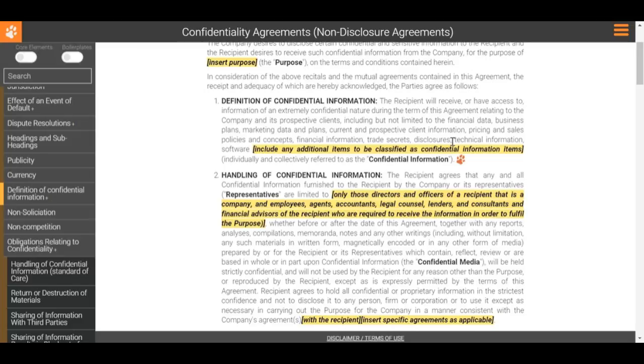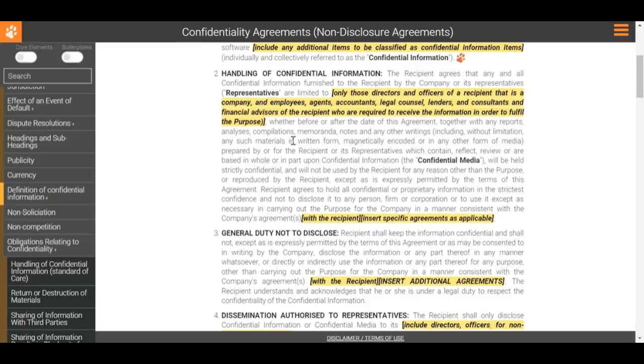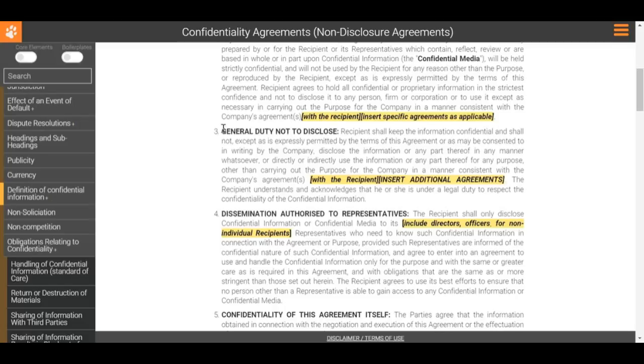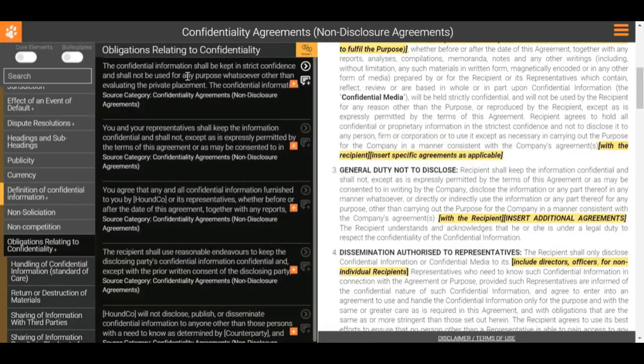The general duty not to disclose confidential information should be explicitly stated within the agreement. Normally it'll be found in the obligation section of the agreement. It may also be buried in certain other places. For example, in the obligations relating to confidentiality, language may read, "The confidential information shall be kept in strict confidence and shall not be used for any purpose whatsoever other than that purpose that was specified in the purpose for disclosure."